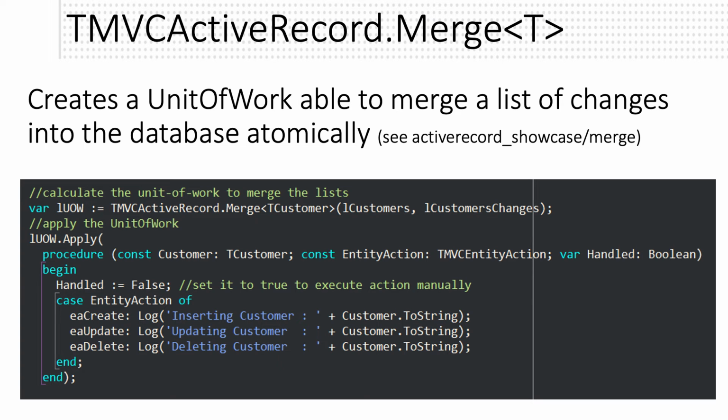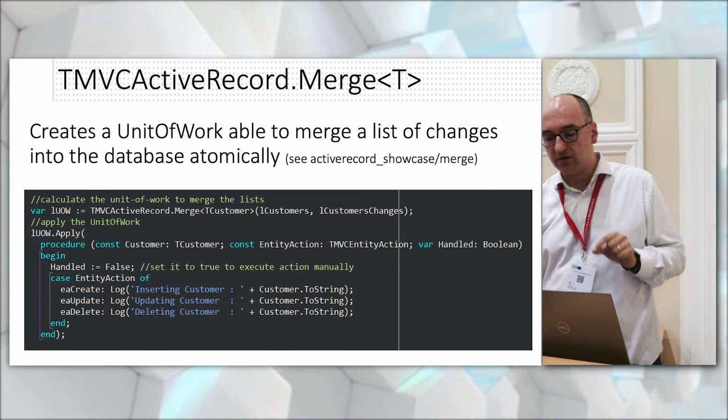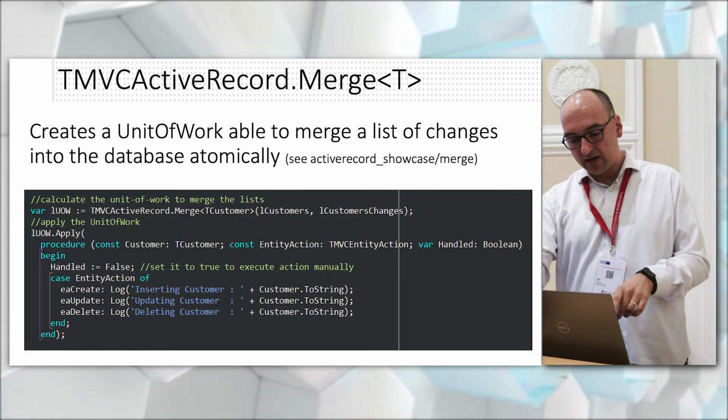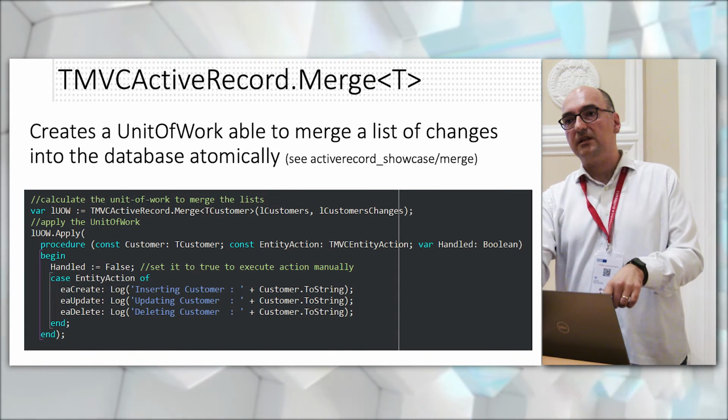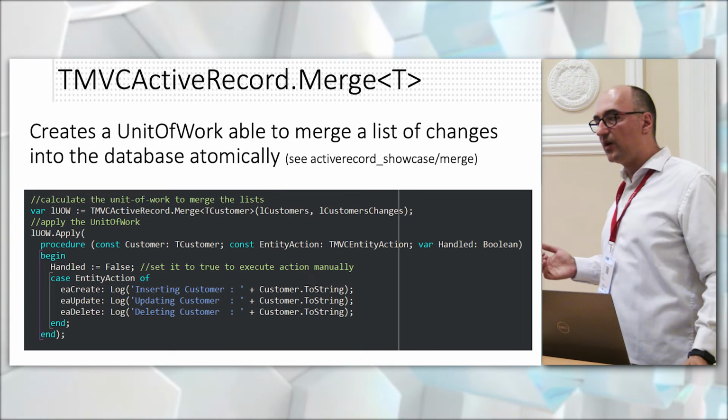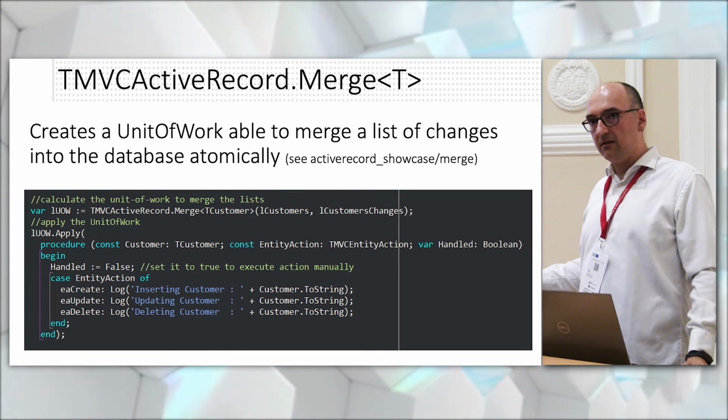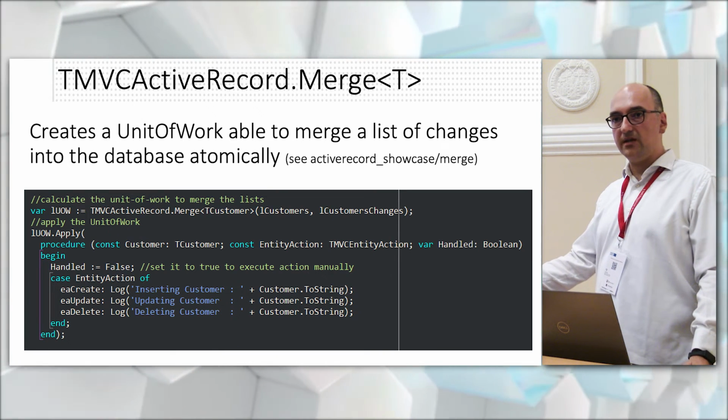For each one, you can intervene to customize the specific action, because there is an anonymous method passed to the apply method that says, hey, I'm just trying to insert this one, is it okay? I'm just trying to update this one, is it okay?